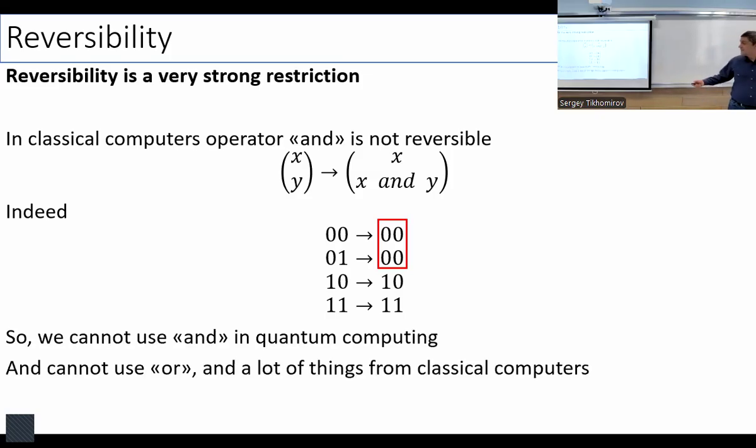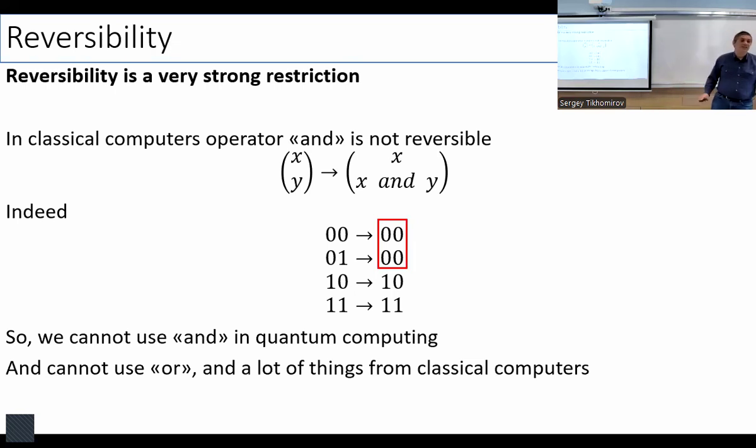So this means that we cannot use AND in quantum computers. There is no analog of this. And there is no analog of OR, and there are other things. A lot of things which we are used to in classical computers, we cannot do.